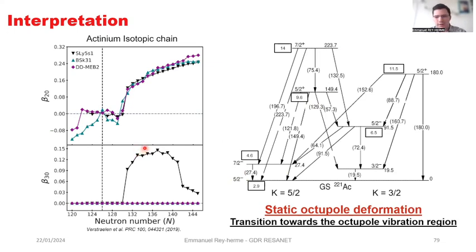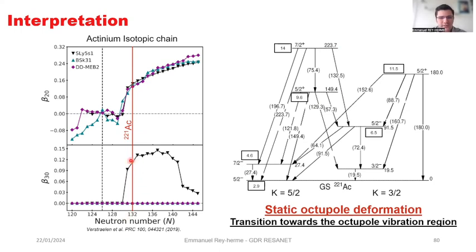And here you have the quadrupole and octupole deformation predicted with the different models. And the SLy5s1, which is the only one including octupole deformation here, is the only one reproducing correctly the data. And actinium-221 is placed right here at N equal 132.